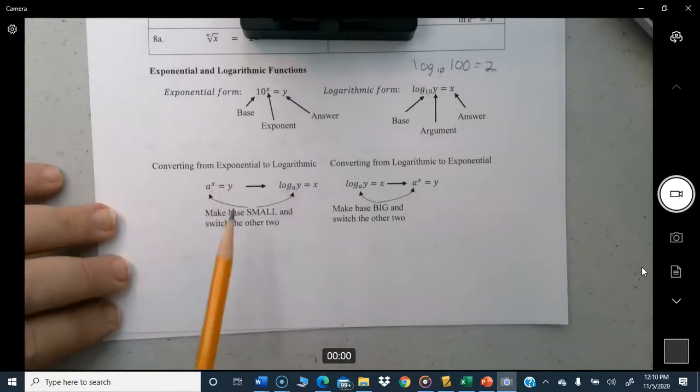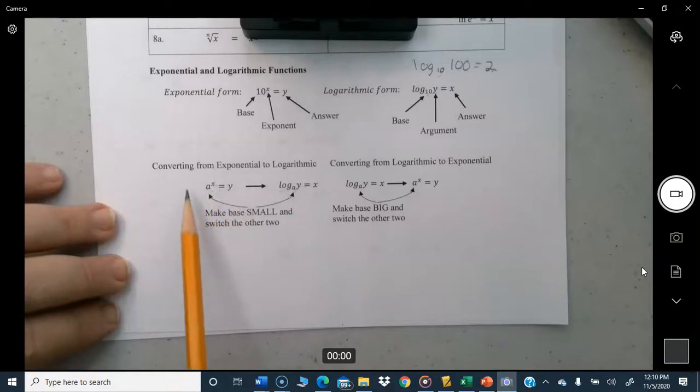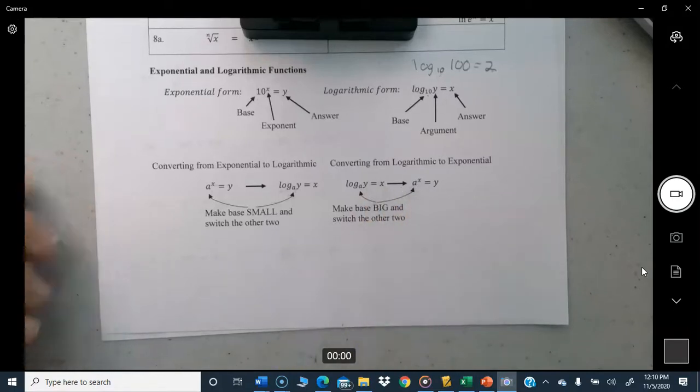The y comes over here, the x goes over there. So that's how you get from exponential to logarithmic. From logarithmic to exponential, it's the other way. You make the base big, you take off the word log also, by the way. You make the base big and switch the other two. So the x and the y switching. So that's how you would switch back and forth between those.